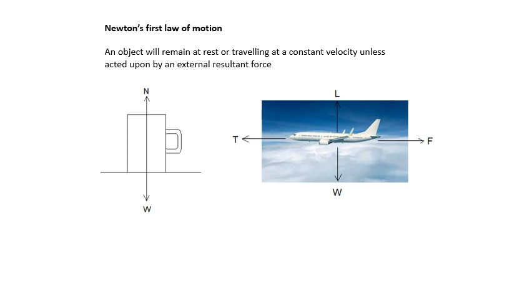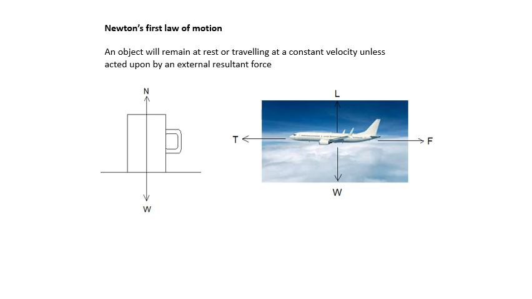It is stationary, it's not moving, it's in equilibrium. The aeroplane, there's four different forces acting on it: thrust and weight and lift and friction, but all of these forces cancel. It's moving at a constant velocity. There is no external resultant force. It's in equilibrium, a dynamic equilibrium.